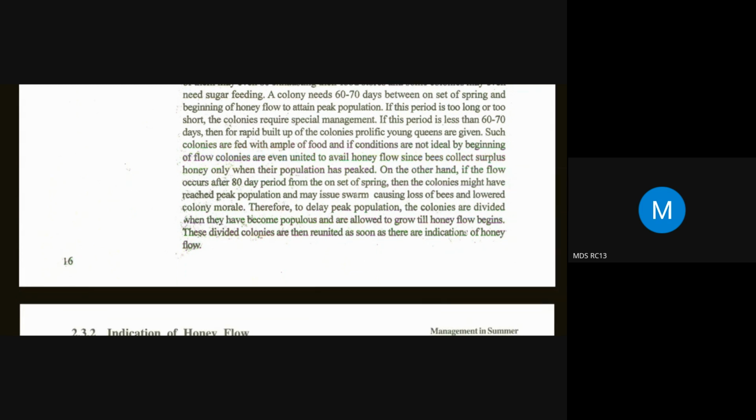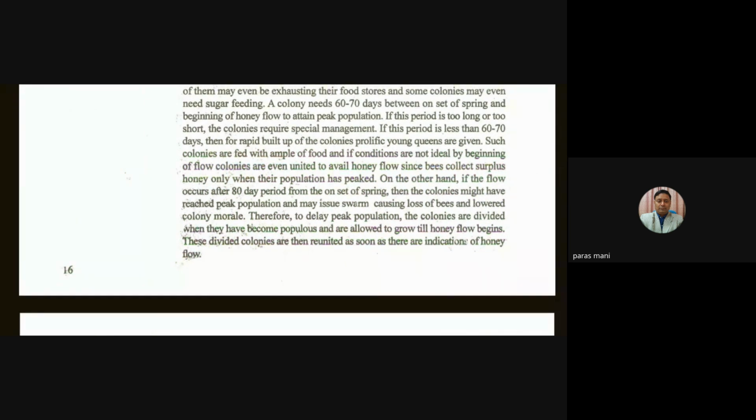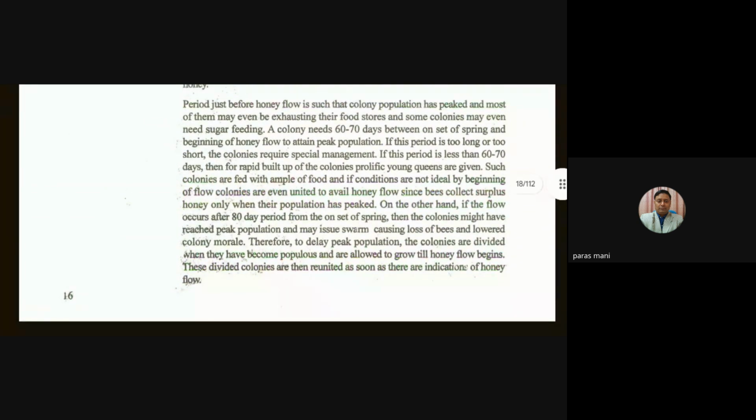If the period is less than 60 to 70 days, then for rapid buildup of the colony, prolific young queens are given. Yeah, if the period is short and the honey flow season starts early, by that time, young queens must be given for building up the colony.